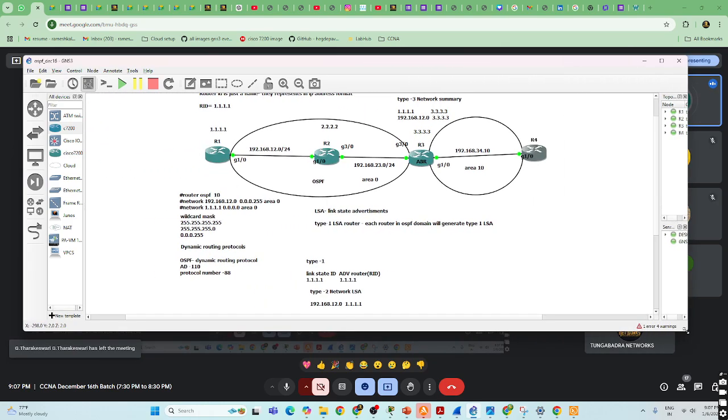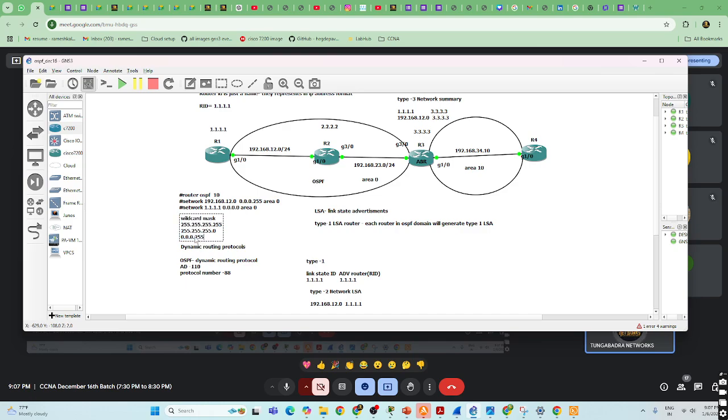So wildcard mask means this is a wildcard mask, right? The total subnet mask is 255.255.255.255, right? So what is the actual subnet mask? You are taking this network, which is a classful network. Remove the actual subnet mask from the total subnet mask, and then you will see the wildcard mask. Why are we using this wildcard mask?